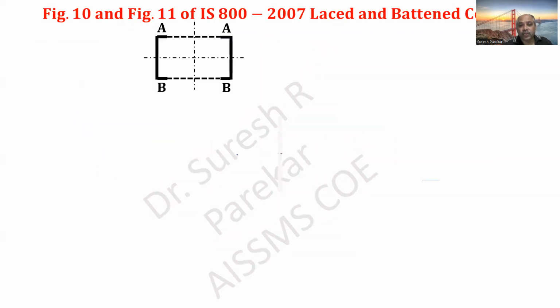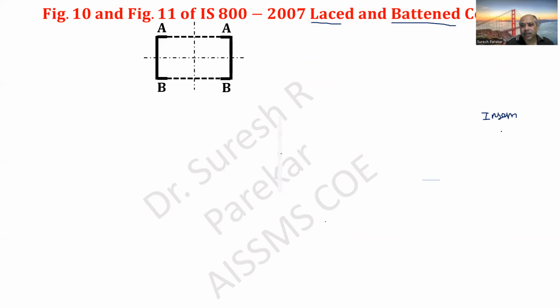Now you go to this, because in oral examination he may ask you to write down design steps for laced column, write down design steps for battened column. So you should be in a position to write design steps. I already mentioned them over there. We have revision lectures for INSEM also. And in INSEM, we have this laced column and batten column.